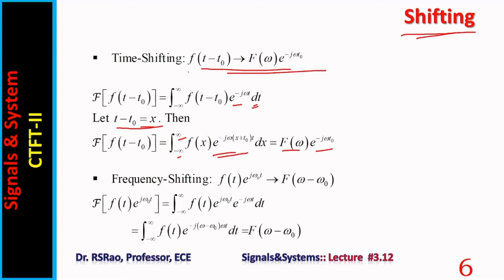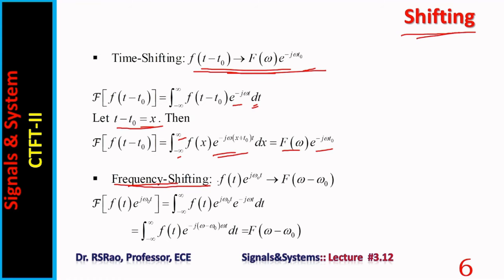Hence, the shifting property, time shifting property: the Fourier transform of f of t minus t naught is the Fourier transform of f of t multiplied by e power minus j omega t naught. Now we consider another shifting property, that is the frequency shifting property.